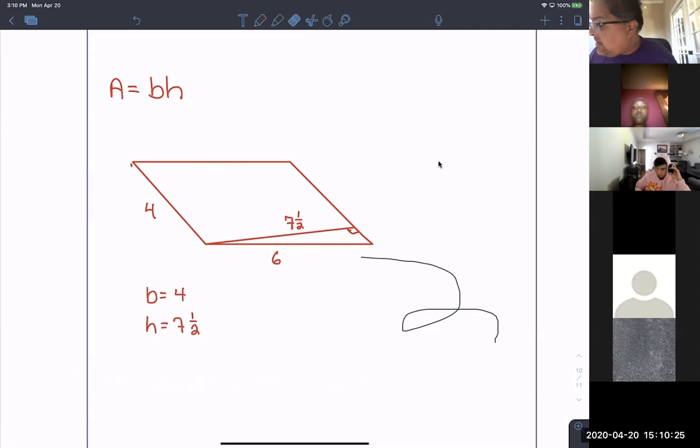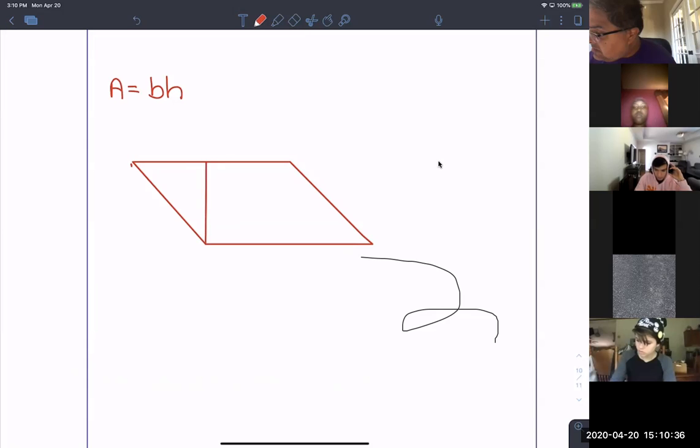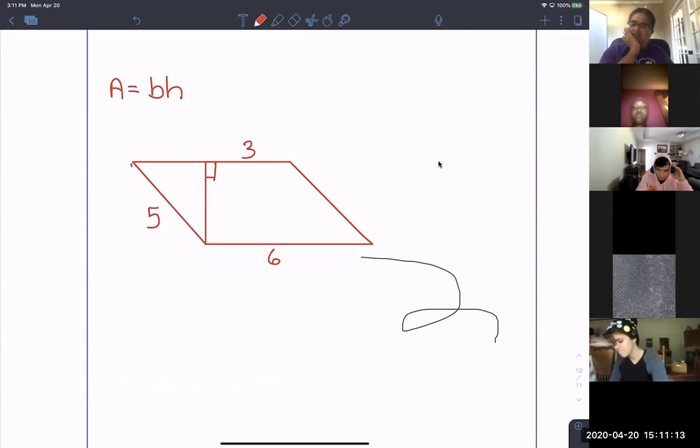Now, what if I gave you a diagram like this? And I asked you to find the area of this parallelogram.